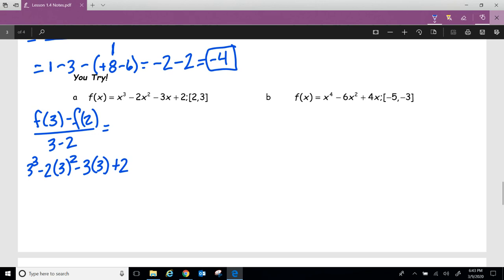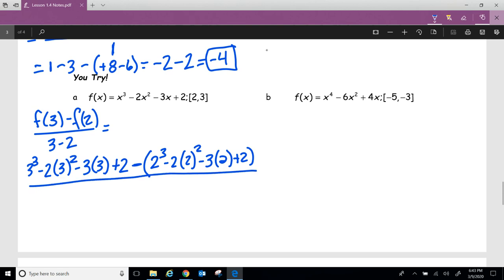Don't forget that plus 2. I almost didn't see it. And then minus, I'm going to put parentheses because that negative has to distribute to all of them. 2 cubed minus 2 times 2 squared minus 3 times 2 plus 2. And that's all over 3 minus 2, which is 1.